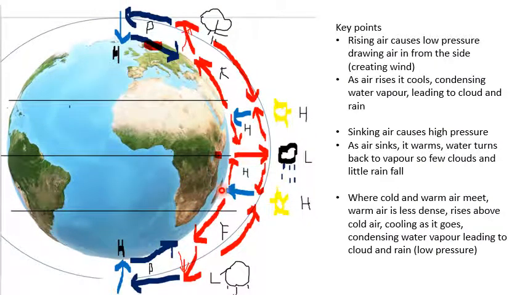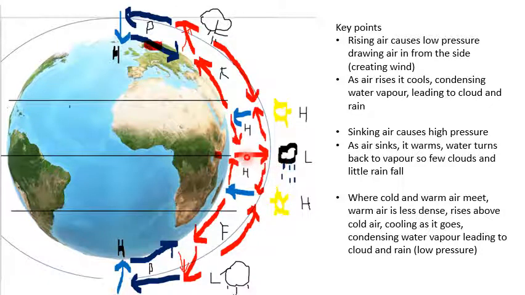So just to recap then, we know that rising air, which is found around the equator because of the concentrated sun's energy, means that the land heats up more, causing the air above it to warm, leading to this rising air and low pressure. Because there's low pressure here, the air is drawn in from the side, creating the winds on the surface.